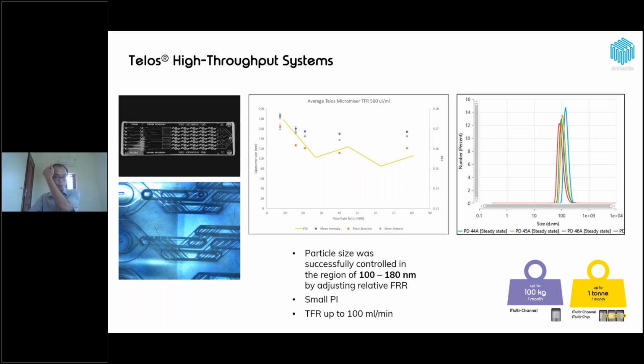The PDI value is also small, less than 0.18 in this case, and the total flow rate can be up to 100 milliliters per minute by using multiple modules with multiple chips working together in a system. So it means you can generate a ton per month of lipid solution in a production scale process.